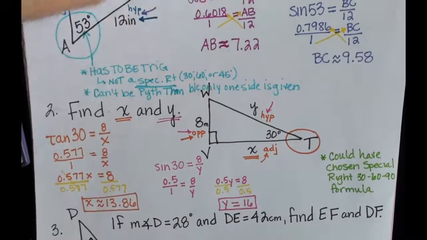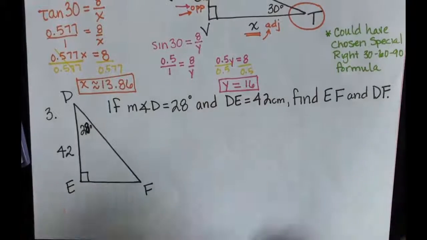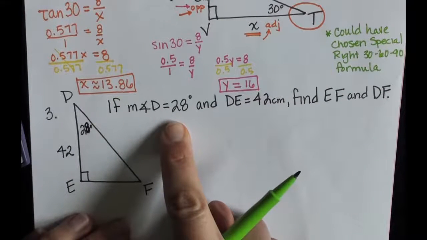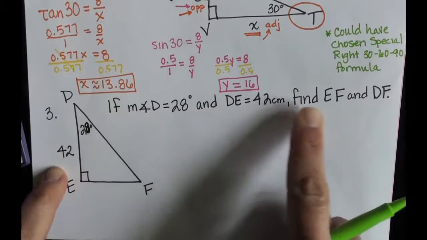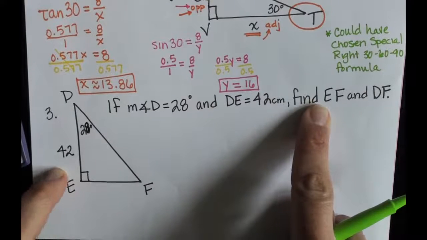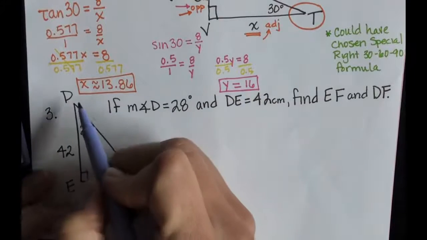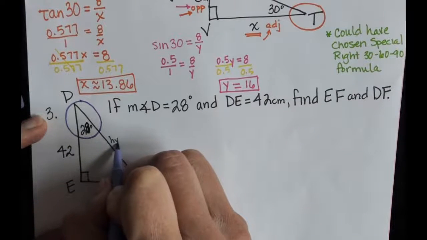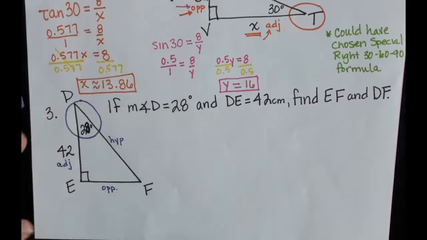All right, so the last of our practice problems, I actually took this off of a NoRedInk question. That way it was similar, and it described it for us. If 28 degrees was the measure of angle D, and DE was 42 centimeters, we want to find the other two sides. So we are going to start with our reference angle. We're going to label our hypotenuse, our adjacent, and our opposite side.